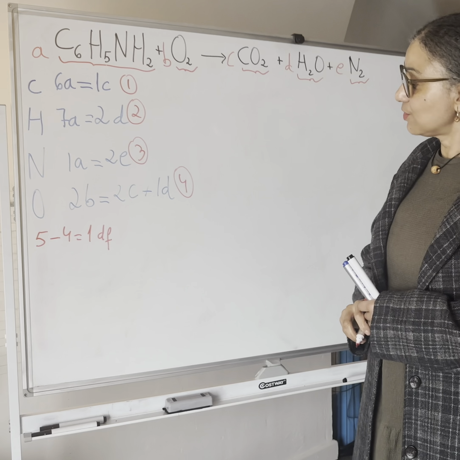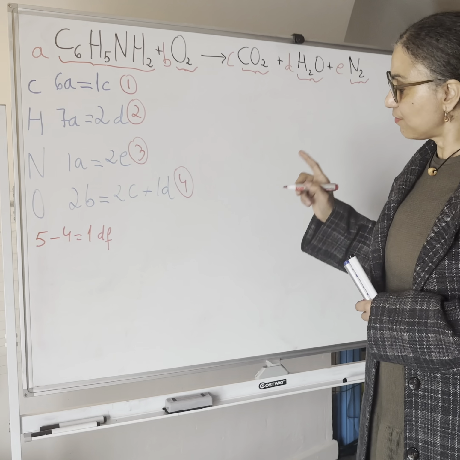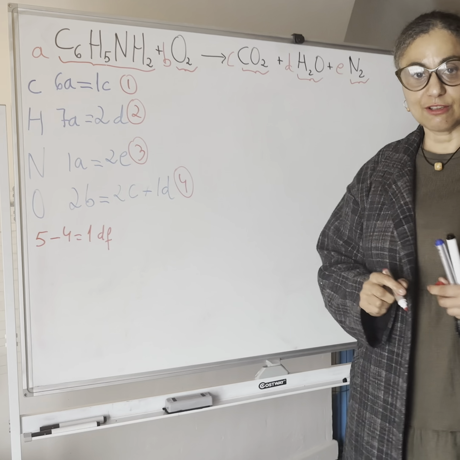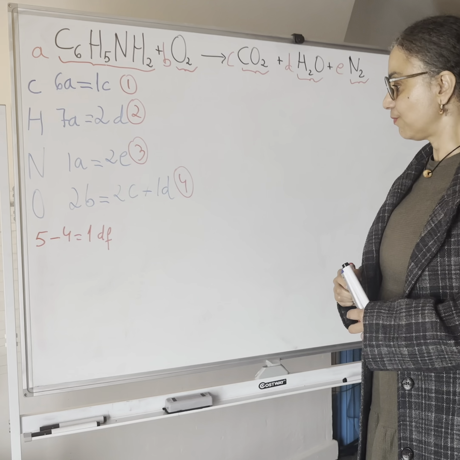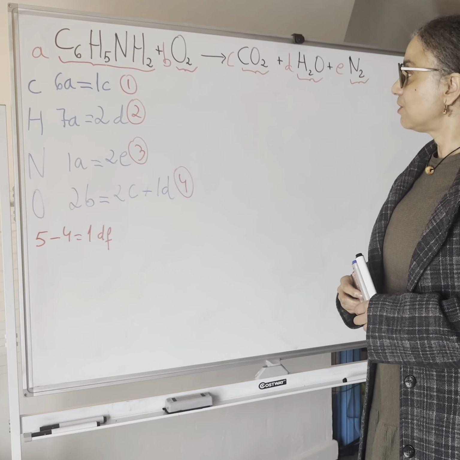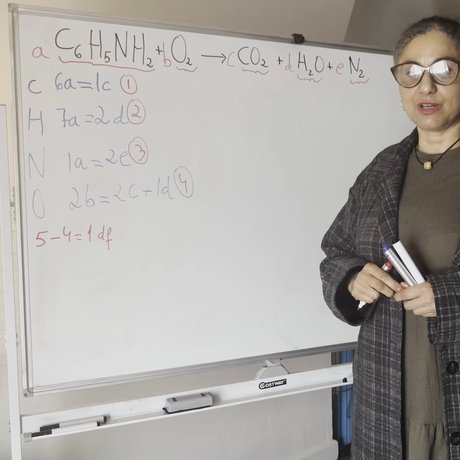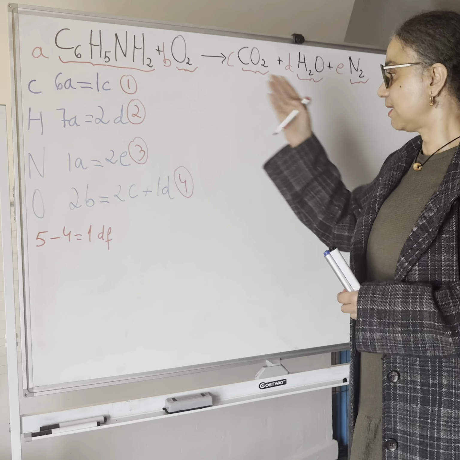So we're going to assign the value of 1, which is the minimum whole integer we can give to the coefficients, because we want the lowest ratio of molecules for the balance.